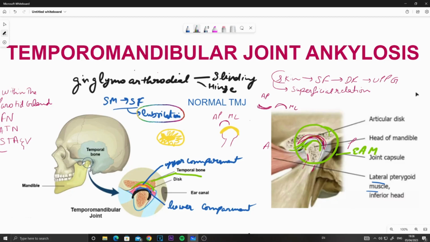Each and every part of the subject is too vast; there would be a whole book on the anatomy of the temporomandibular joint.